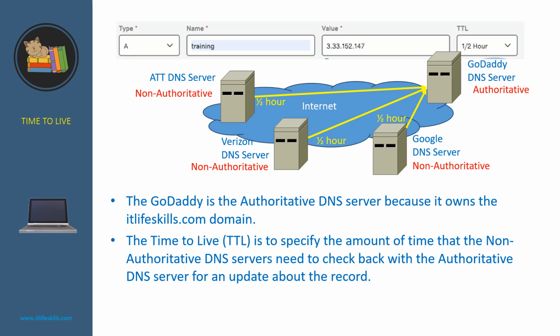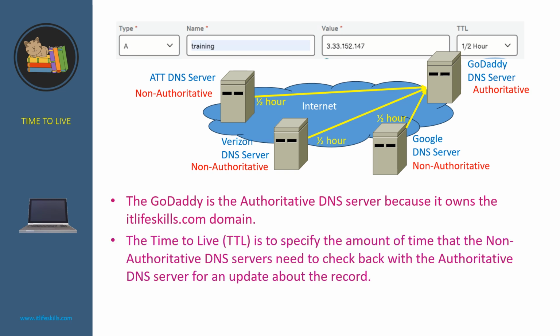To troubleshoot the issue, the first thing we looked at is the time to live. As you know, in this case GoDaddy is the authoritative DNS server of the domain itlifeskills.com because it owns that domain.